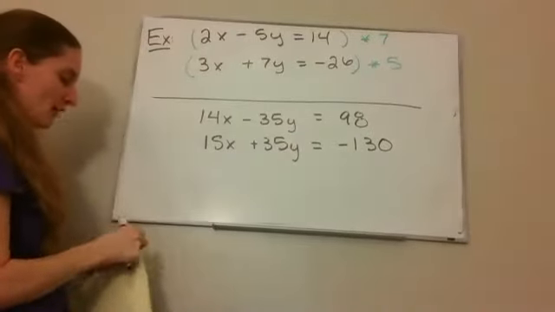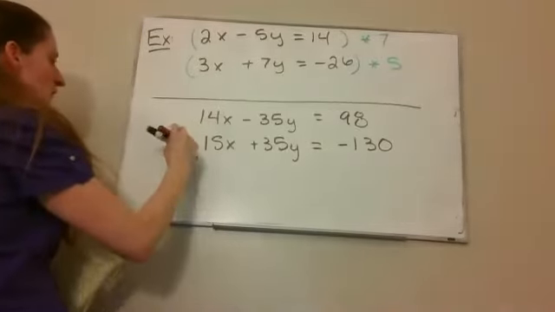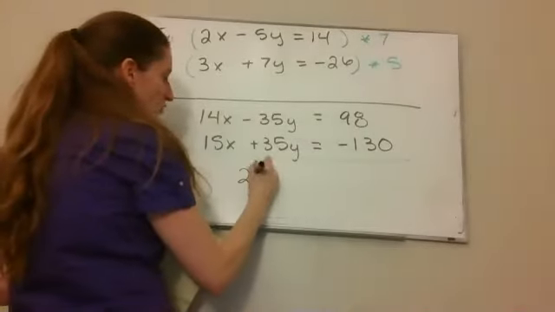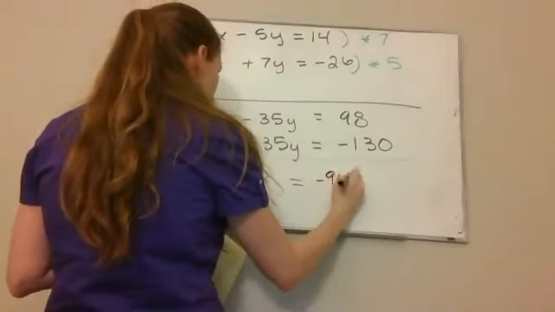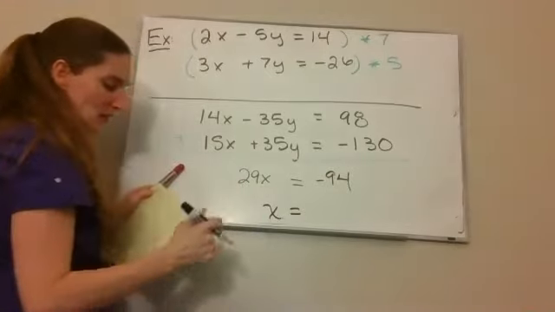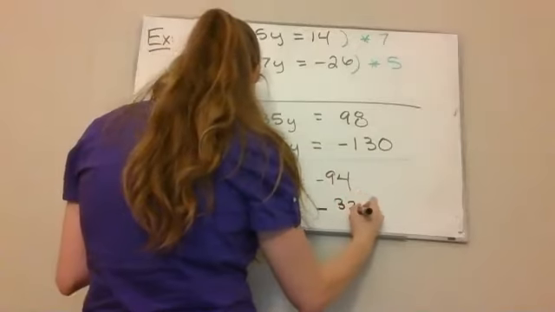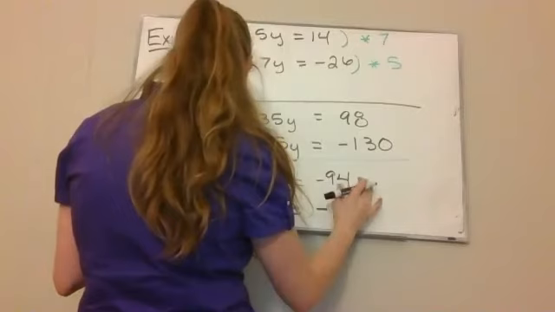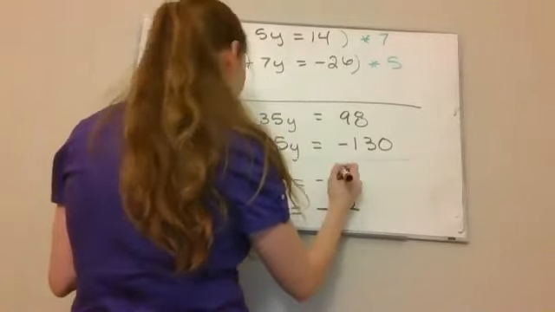So now if I add the two equations together, my y's disappear, and I get 29x is equal to negative 94. When I divide both sides by 29, though, I don't get a nice number. I get x is equal to negative 32 over 29. It's not 94. Wow. This should be negative 32.